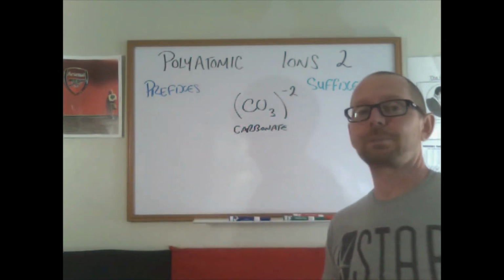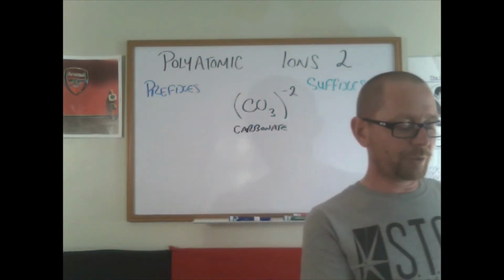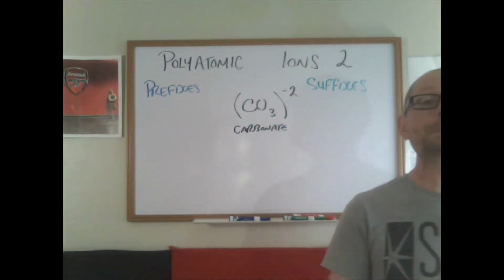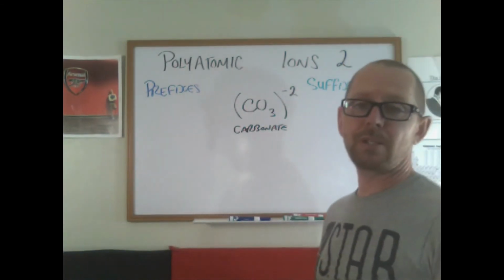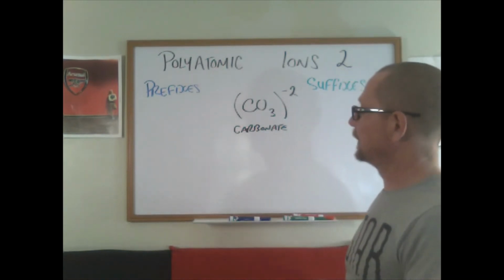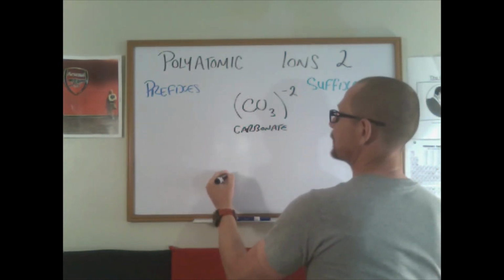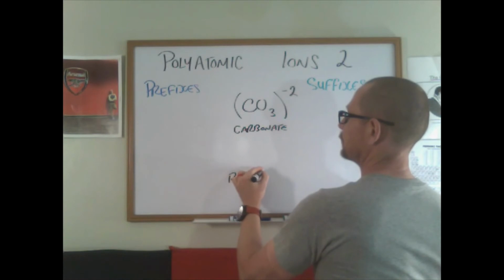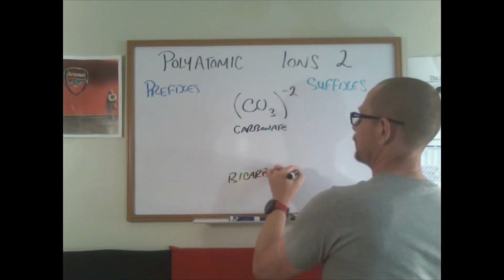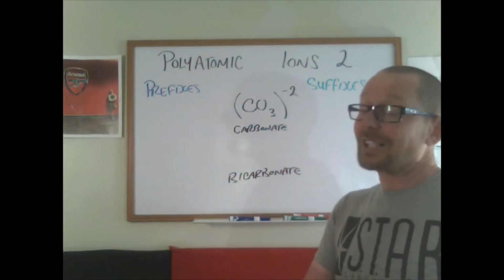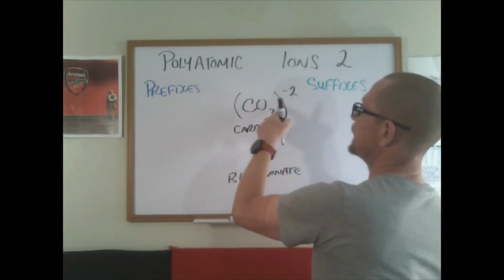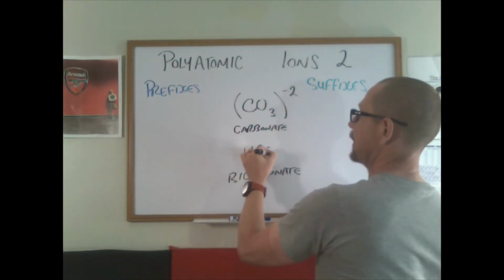But how about this? We're going to use a slightly different one. How about bicarbonate? Bicarbonate of soda, baking soda. Well, if I go bicarbonate, it means I just add a hydrogen. So CO3 becomes HCO3.